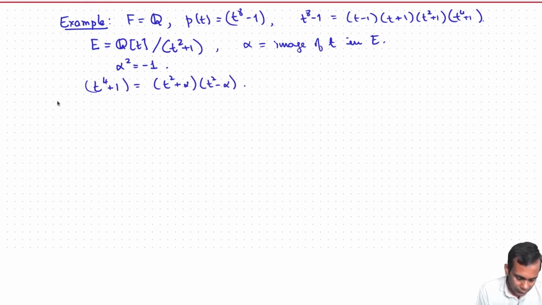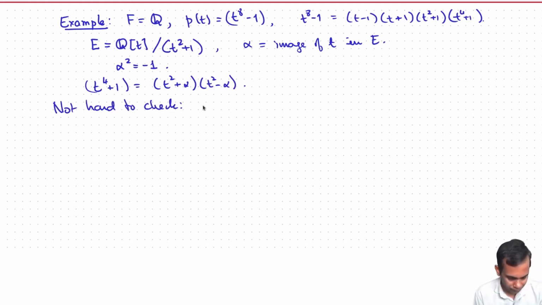It's not hard to check that there does not exist any element x in E such that x squared equals alpha or x squared equals minus alpha.